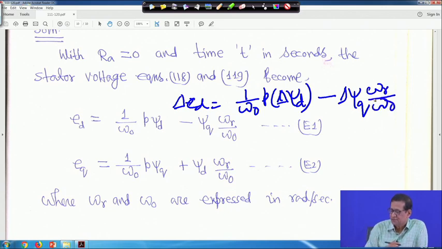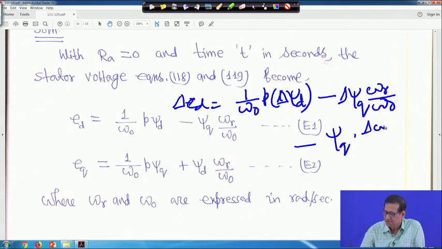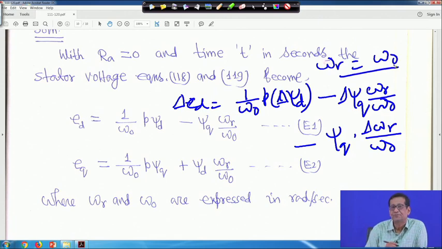So, this is minus delta psi q omega r by omega 0, again minus your psi q, right, we are taking small perturbation, delta omega r by omega 0. If you take the small perturbation, but omega r is equal to omega 0, that means this term, omega r by omega 0, is equal to 1.